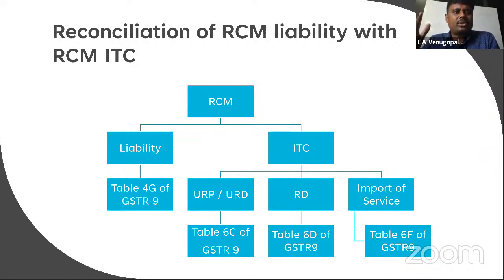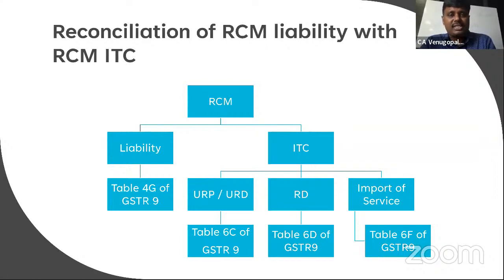In your GSTR 2A, when you see the line-wise entry, you will find a filter called is reverse charge. If the reverse charge is yes, that means the registered dealer has reported it, because the registered dealer will be reporting it in his GSTR 1 under table 4B, stating that I have made a supply, but that supply is reverse charge, the recipient will be paying it.